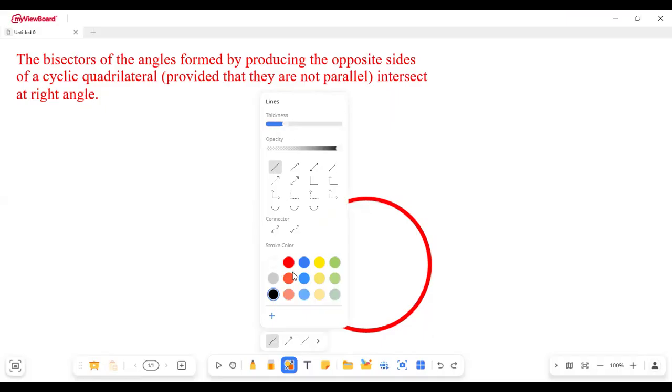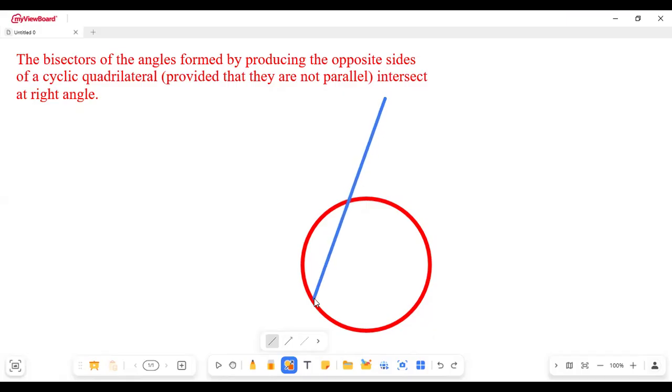We can increase the thickness and change the color so that we can easily understand it. This one, and another one will be formed here somewhere.